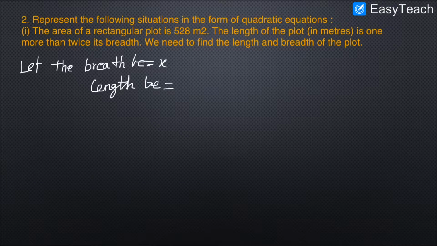The length is given by a hint, which is the length is one more than twice its breadth, which means we can write twice the breadth plus 1 more, which is 2x plus 1.